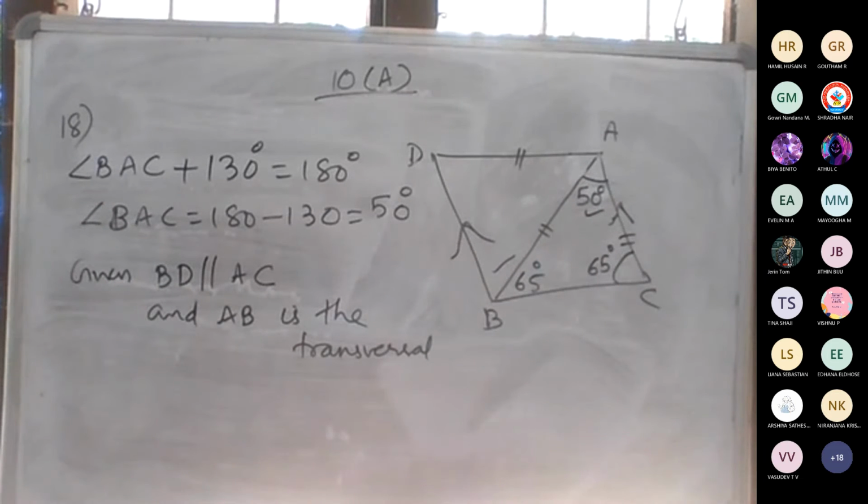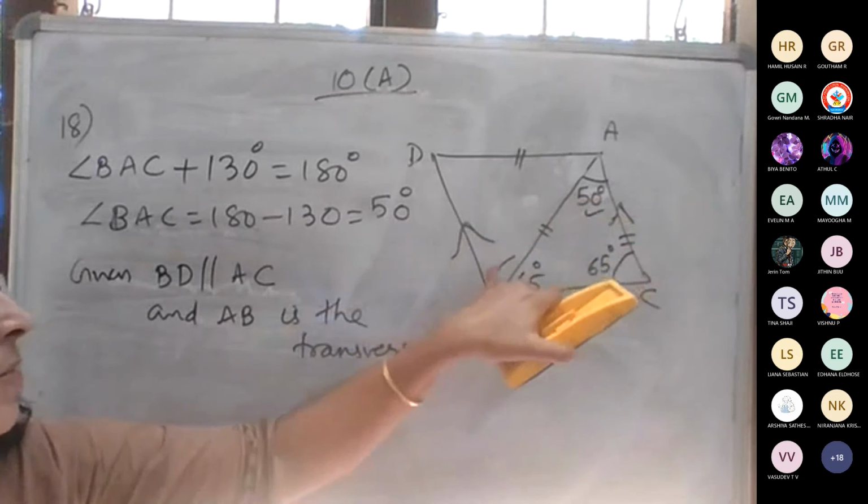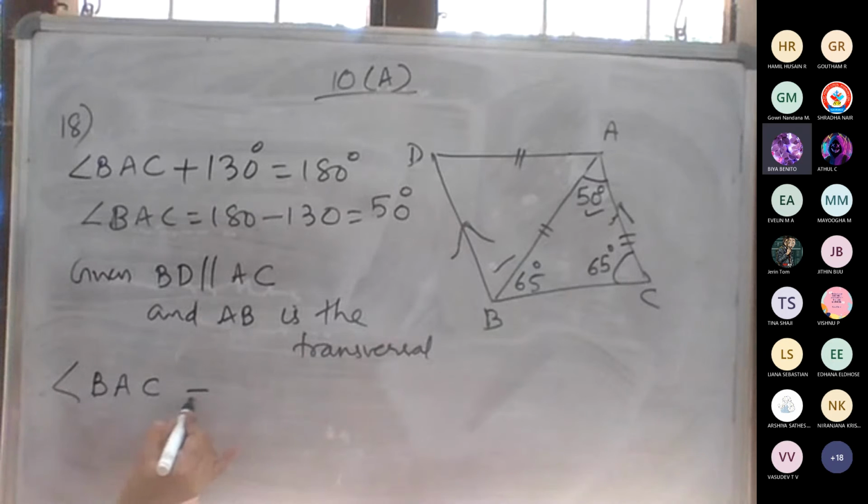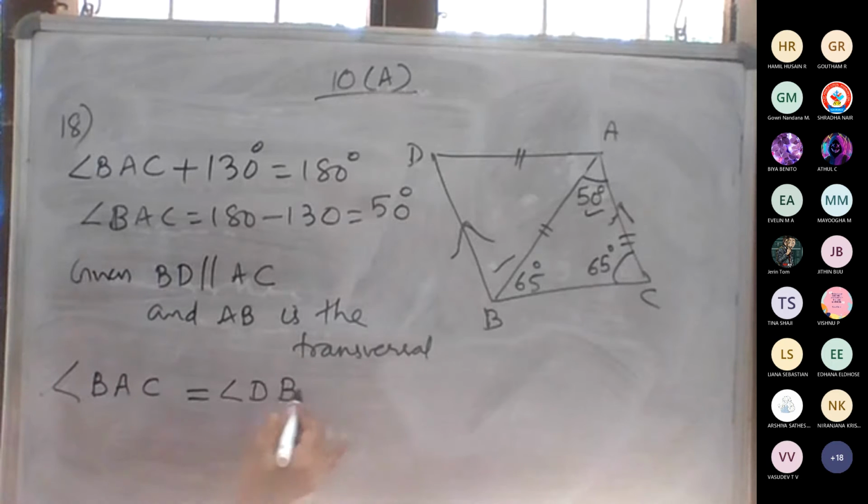So one here we got as 50 degree, which means this angle will be 50 degree. Angle BAC is equal to angle DBA.